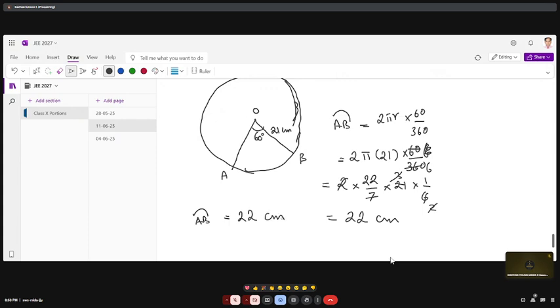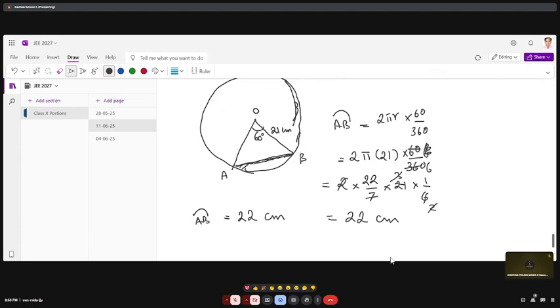Okay. What is the next question? Says minor segment of this card. What is the area of the minor segment of this card?